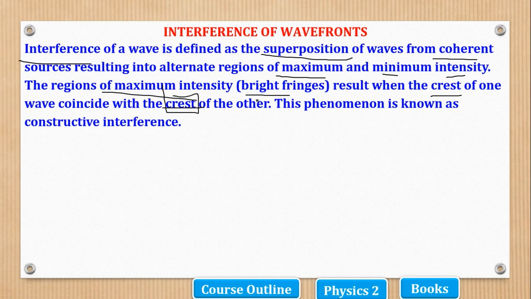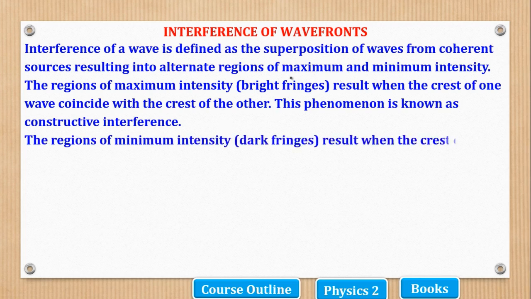So when the crest of 2 waves coincide is when we get a bright fringe or maximum intensity, and that is called constructive interference. Remember, here we are brief in the notes part, because what we want is to write what leads us to the calculation. So if you see the notes, they are very brief and shallow, but I encourage you to buy the books I've told you to buy, and you'll be sorted.